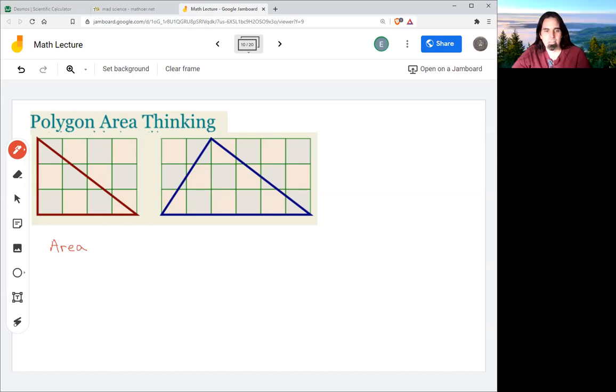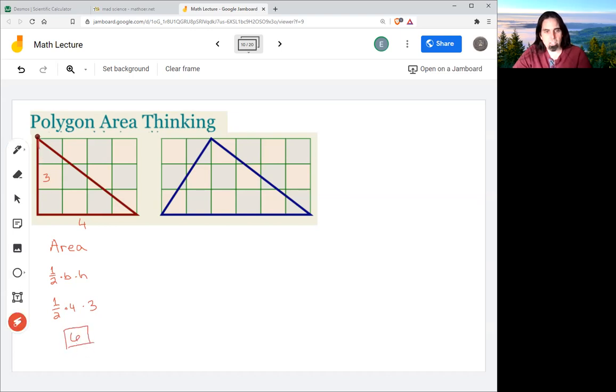Sure. So the base is 4, right? 1, 2, 3, 4. The height is 3. So what am I going to get? One half times 12. So half of 12 or half of 4 is 2, and then times 3. Either way, we get to 6.